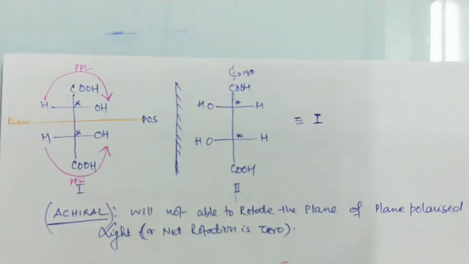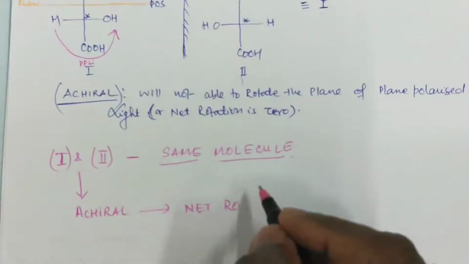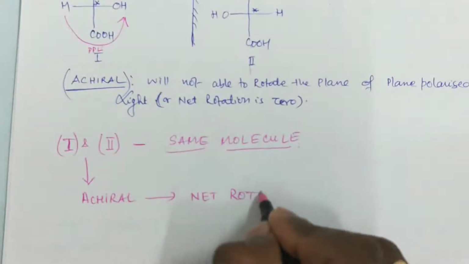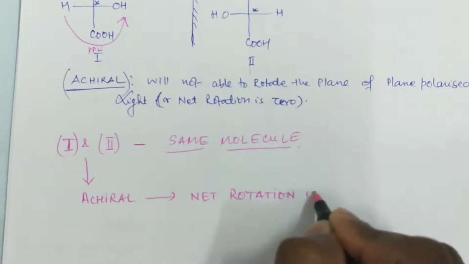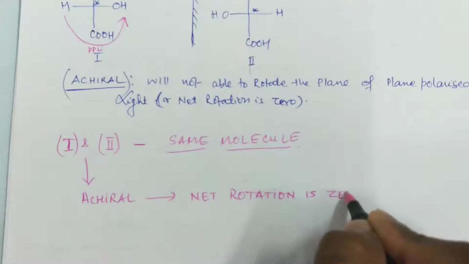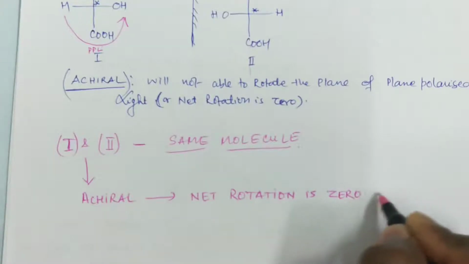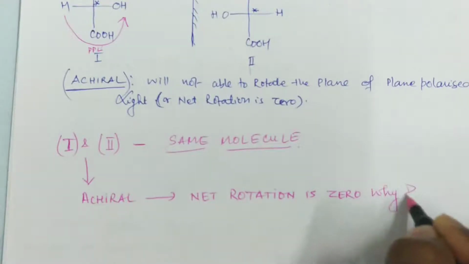So structure number 1 and 2 are achiral because the net rotation is zero. Why is the net rotation zero?